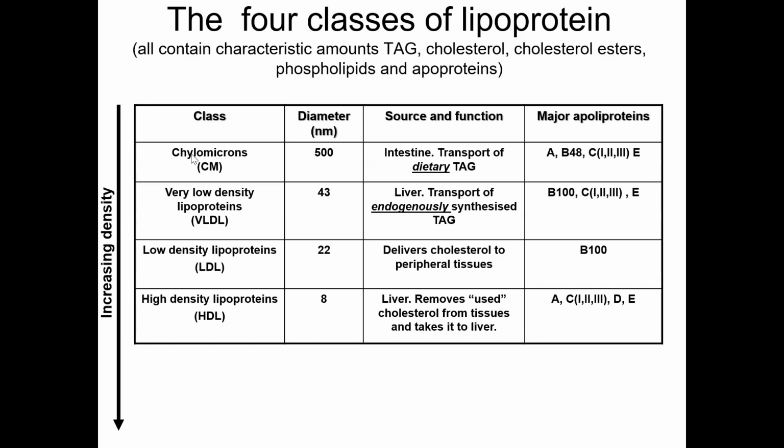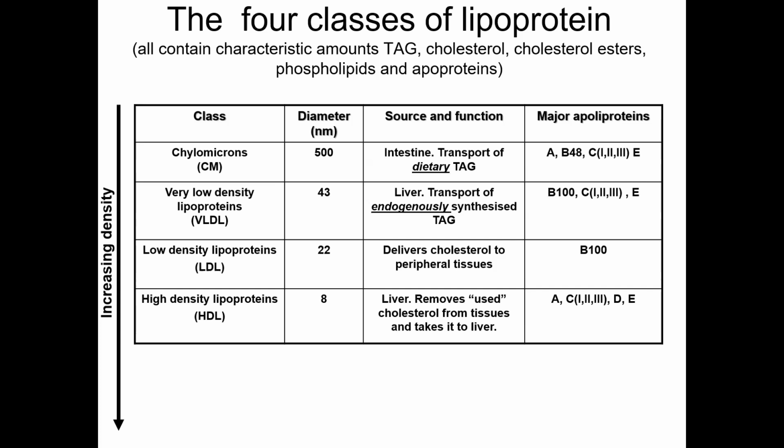Because they have different densities, you can easily separate them using ultracentrifugation. And of course, they have their diameters. The diameter of chylomicrons is 500, very low density lipoproteins have a diameter of 43, low density lipoproteins have a diameter of 23, and high density lipoproteins have a diameter of 8.